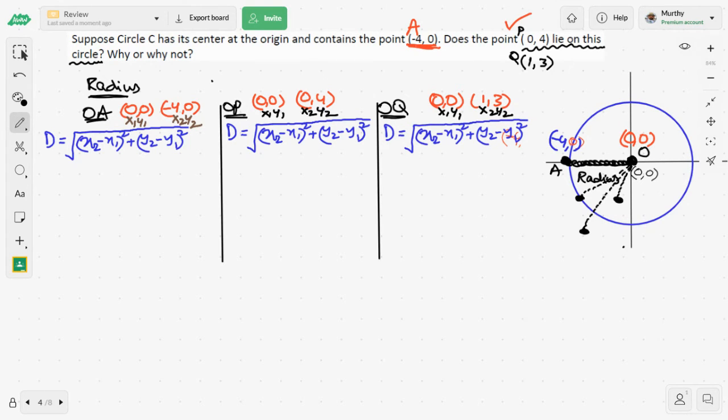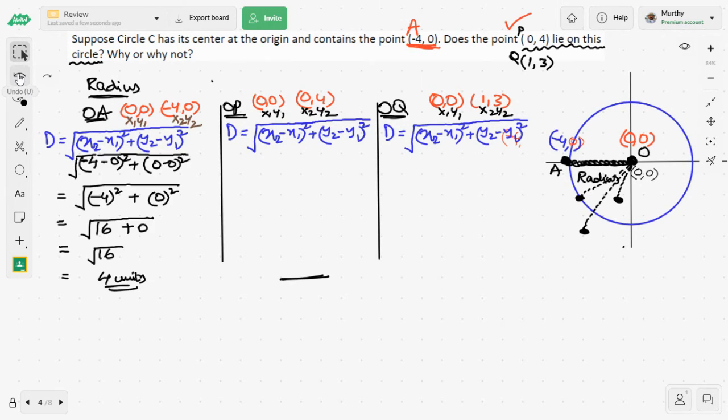Now I want you to compute all three lengths, all three distances, using the distance formula. Now your time starts. Okay, now let's look at the answers.